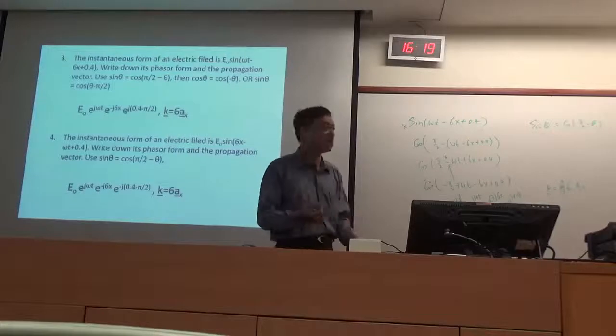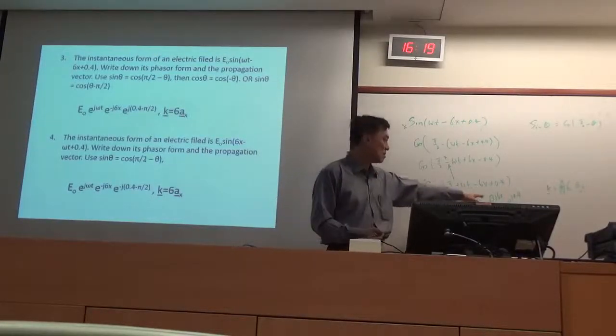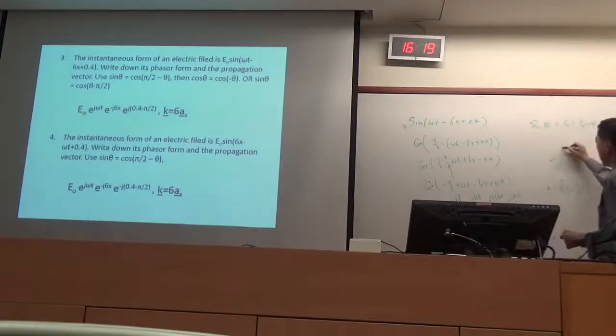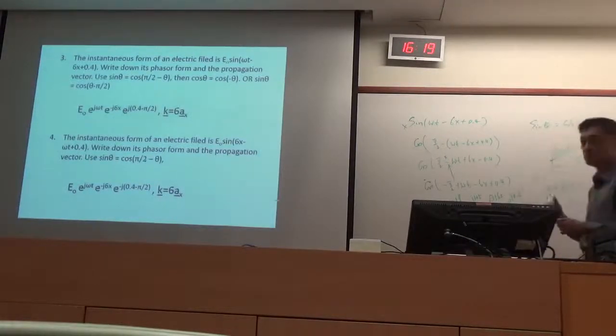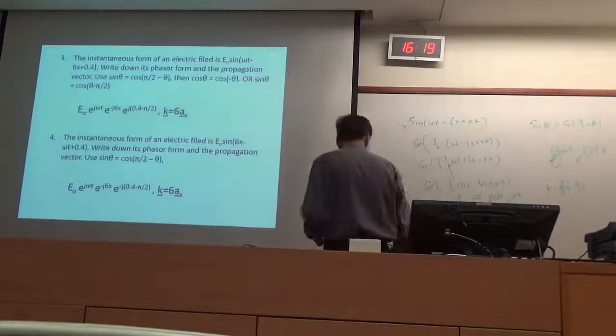And the third thing is that for the k, for the propagation vector, there must be a minus here. So the standard form is always e^(j omega t) e^(minus j k z). Minus, plus. You must follow these two conventions. Alright? Must follow these two conventions.